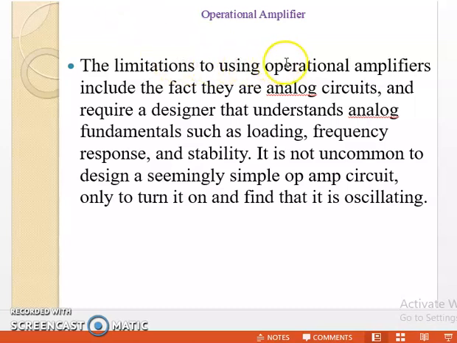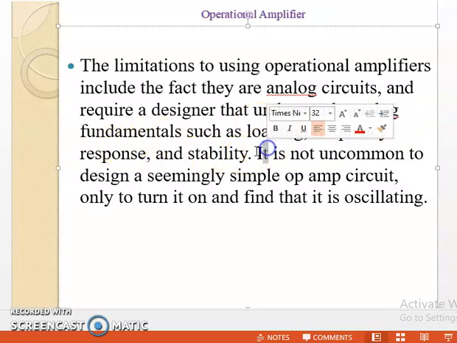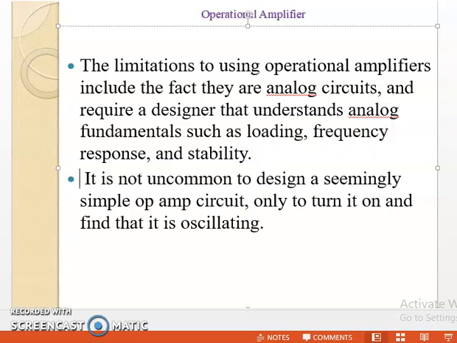The limitations of using operational amplifiers include the fact that they are analog circuits and require a designer who understands analog fundamentals such as loading, frequency response, and stability. It is not uncommon to design a seemingly simple op-amp circuit only to turn it on and find that it is oscillating.